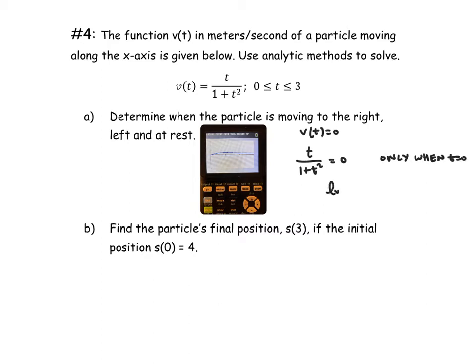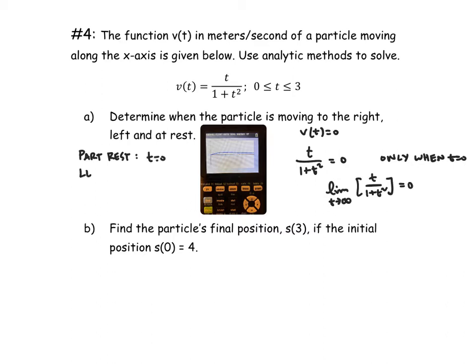Now, think about this for a minute. As t goes to infinity, what does t over 1 plus t squared go to? Well, it goes to 0. It never gets there, though. So v of t actually never equals 0, except at 0. All right, so the particle is at rest when t equals 0.